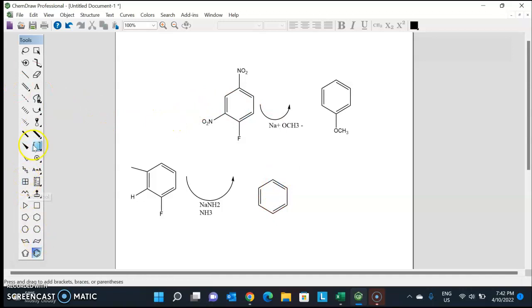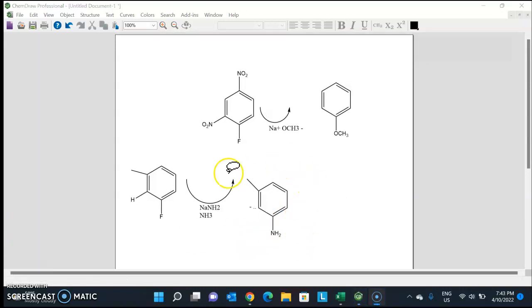So I'm going to draw this intermediate. The NH2, put it here. Okay, I drew an intermediate for this reaction. This is supposed to be a lone pair and a negative symbol.